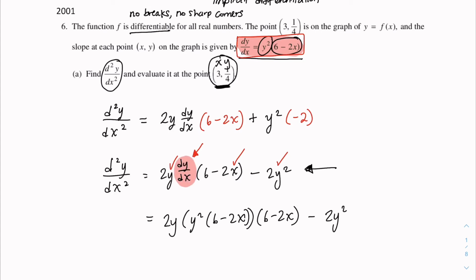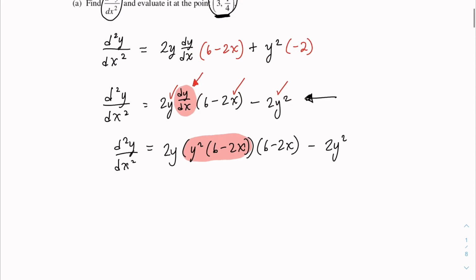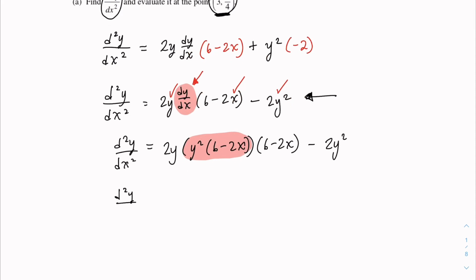So I replaced my dy/dx with the expression in terms of x and y, so that in my next step I can plug in. Evaluate it at this point gives me, now I'm going to go ahead and plug in.